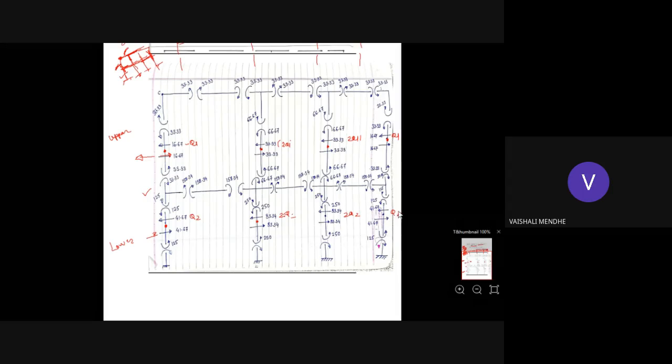So this is Q2, that is 41.67 kilonewton. This is twice Q2, and this is Q2.